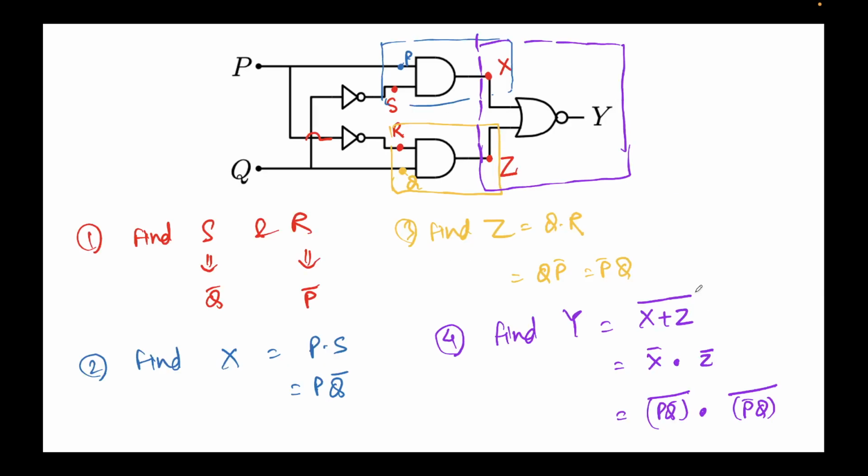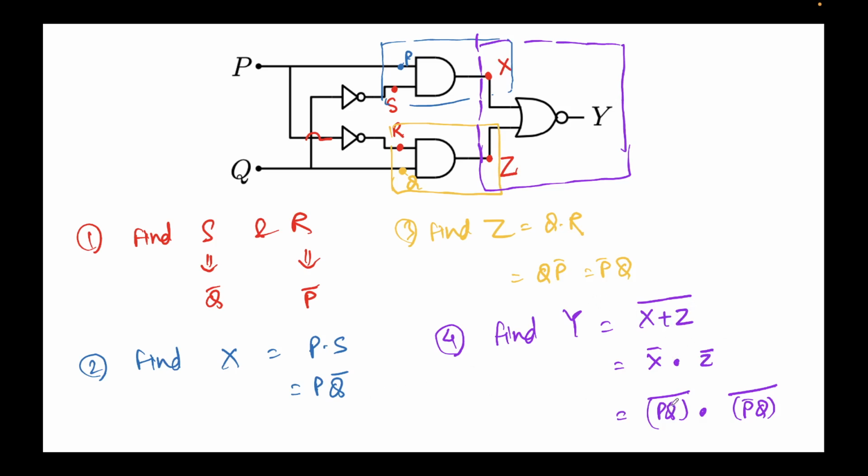Just a second, did I make a mistake? Z is P bar Q, X is P Q bar, correct? Y is NOR of X and Z, correct? And then we take a negation, so it will be X bar dot Z bar.